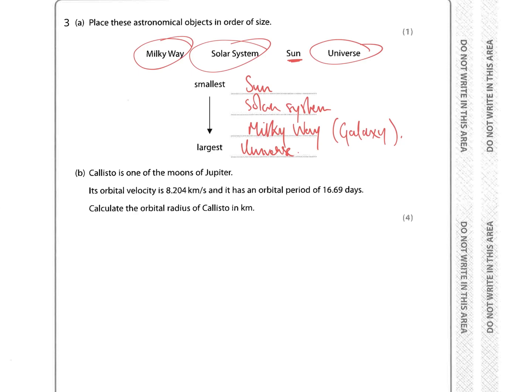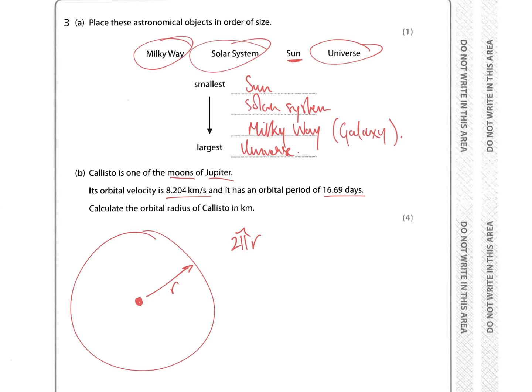The next one asks about a moon around Jupiter that has an orbital velocity and takes a certain time period. What's the radius? This is really quite straightforward maths if you interpret it correctly. It's understanding that the distance covered is the circumference of a circle, because the orbits are essentially circular. They are technically ellipses, but you can approximate that to being a circle.